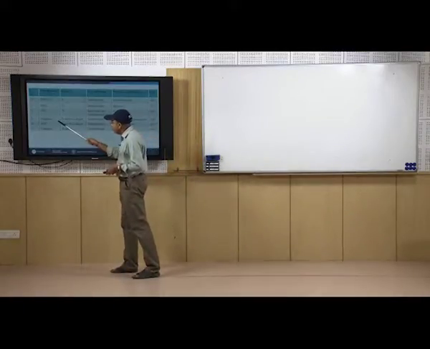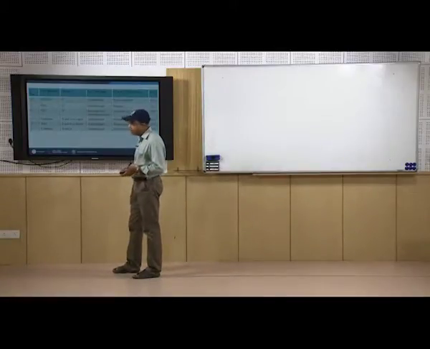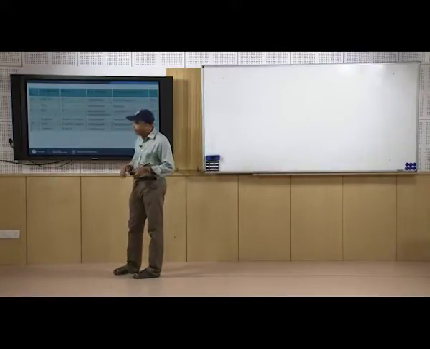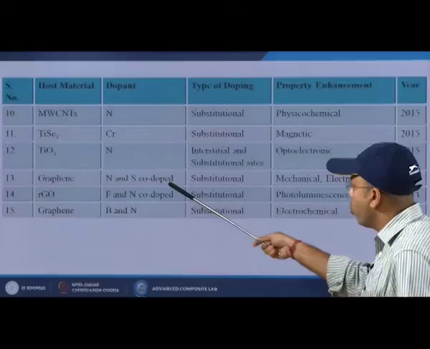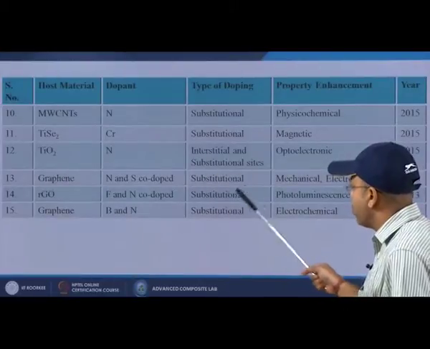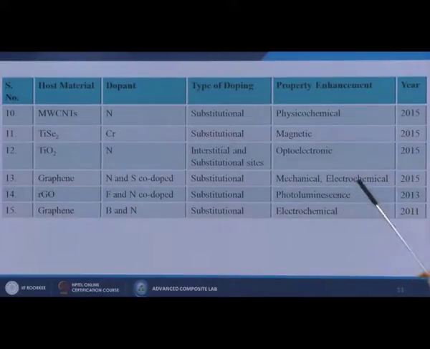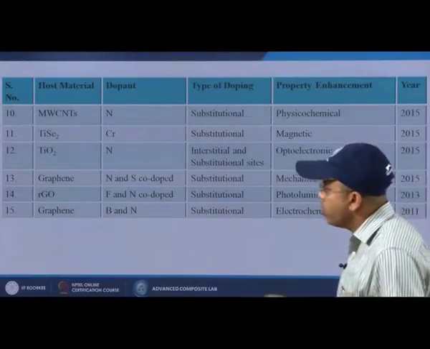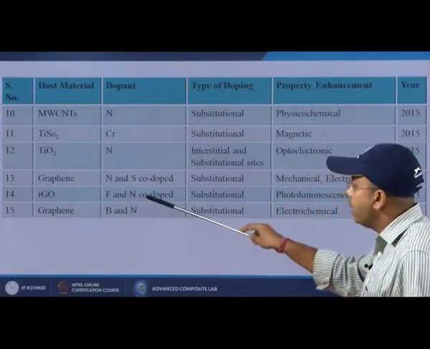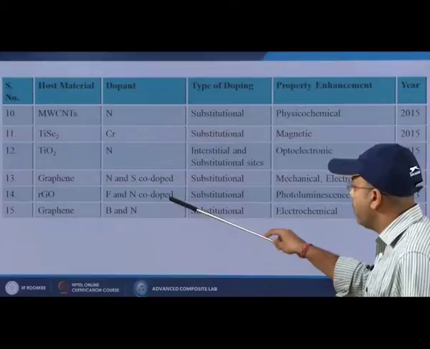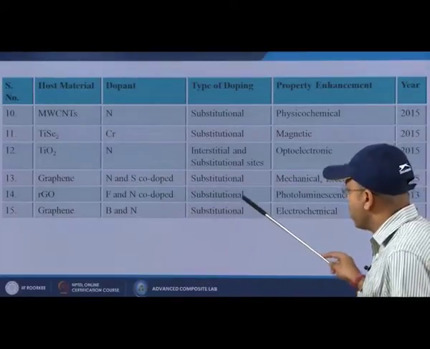Then graphene, which is also one kind of promising material in the field of nanotechnology, where we are doing doping of graphene by nitrogen and sulfur co-doping. It is also one kind of substitutional doping, and mechanical and electrochemical properties are getting enhanced, in the year 2015. Then we are also modifying reduced graphene oxide, and fluorine and nitrogen co-doping has taken place. It is also one kind of substitutional doping.